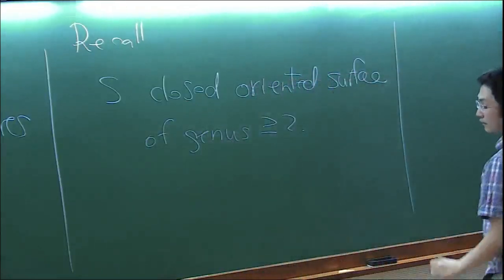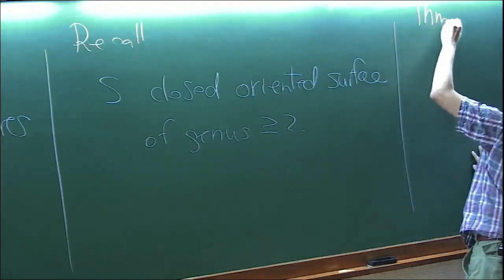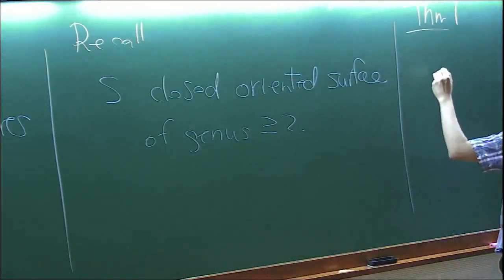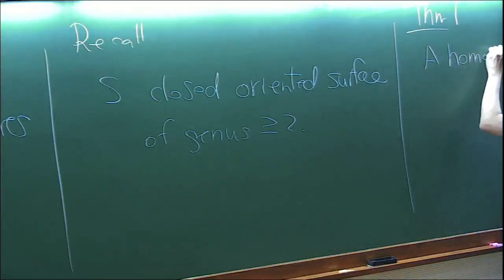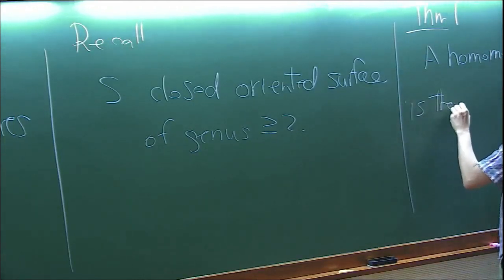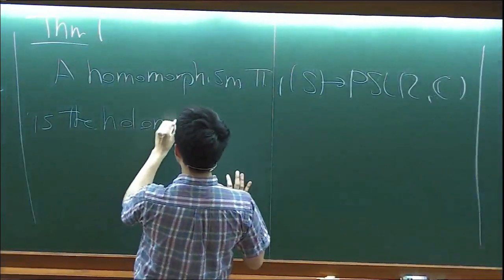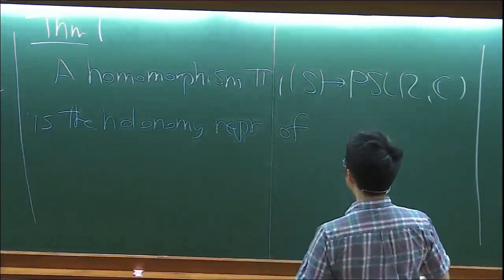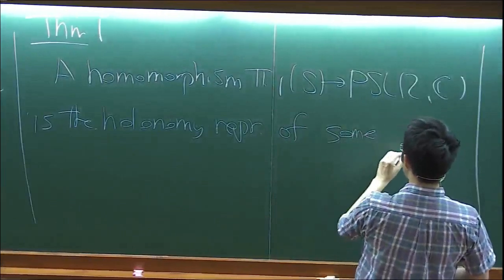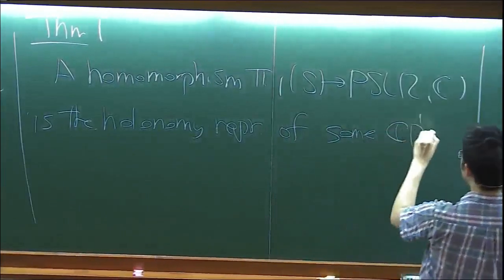Then the theorem: a homomorphism from the fundamental group of this surface into PSL2C is a holonomy representation of some CP1 structure, that is a complex projective structure.